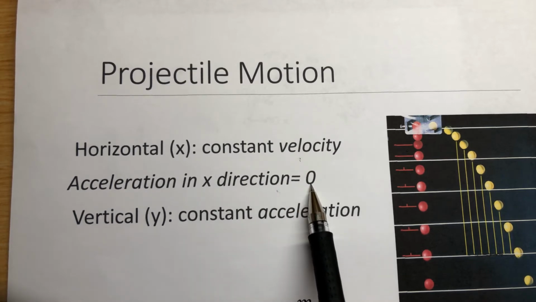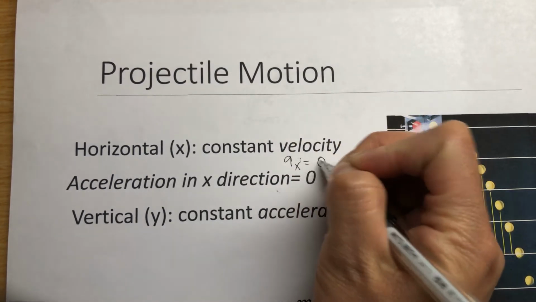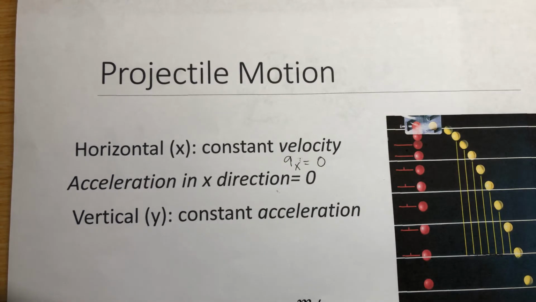There's no acceleration because it's constant velocity. So always, acceleration in the X direction is 0, always, for projectile motion. Now let's look at the Y component.